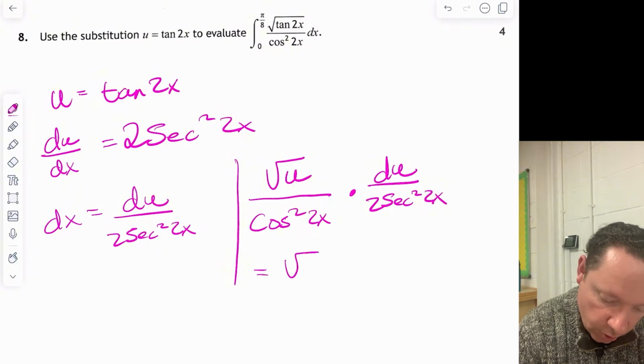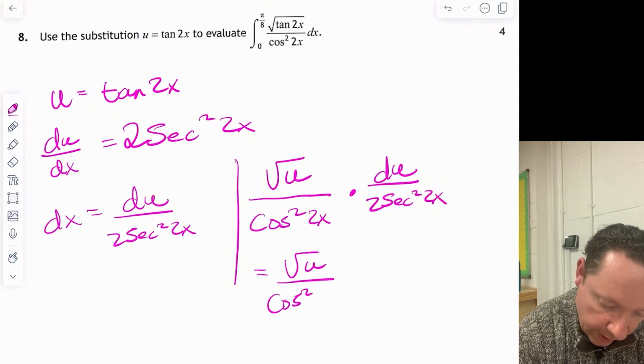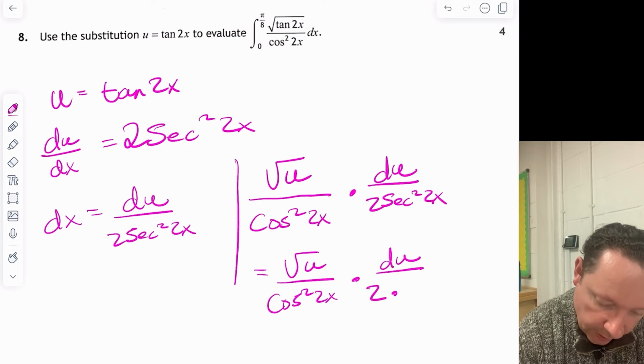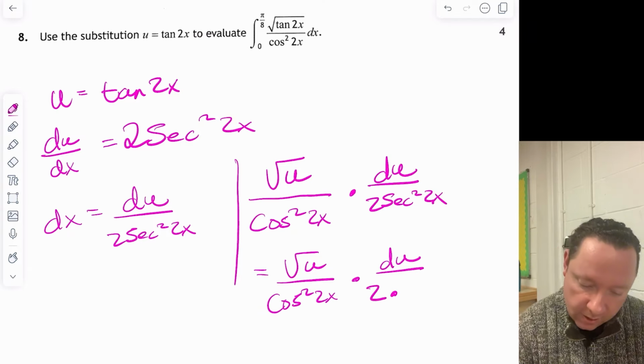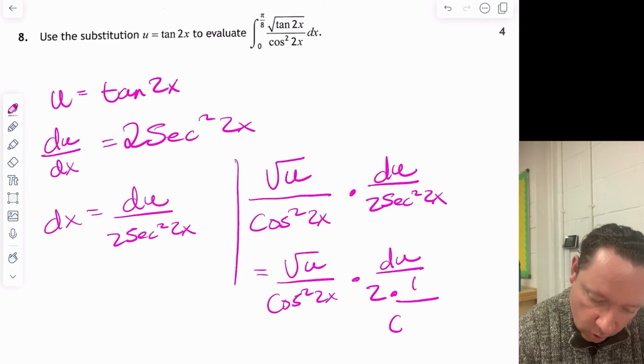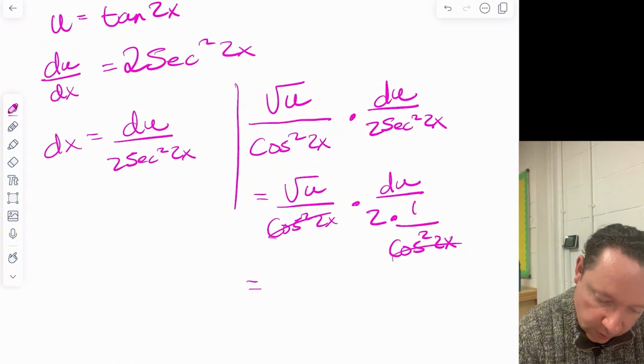Well, that's root u over cos squared 2x times du over 2 times, well, sec is 1 over cos, third letter, helps to remember that. So 1 over cos squared 2x. Well, that's handy because we just cancel each other out. So that gives me root u du over 2.